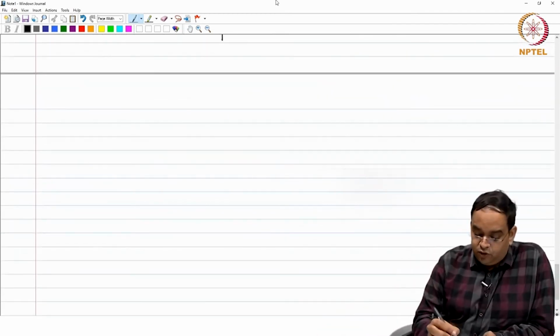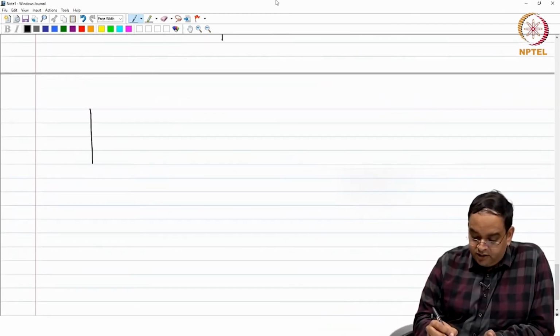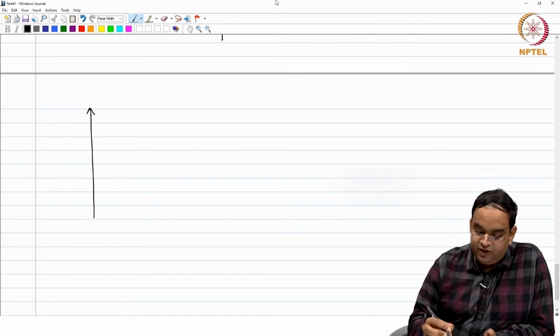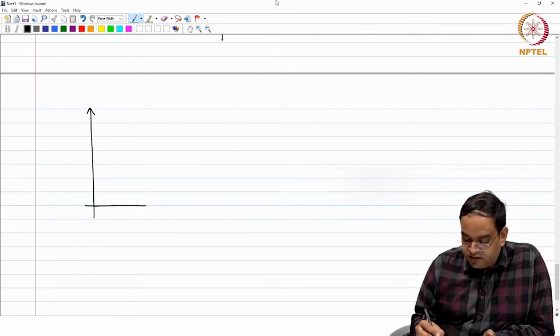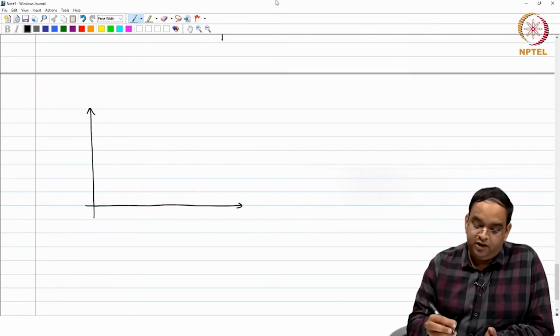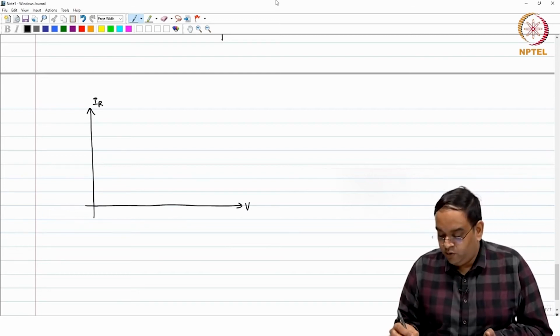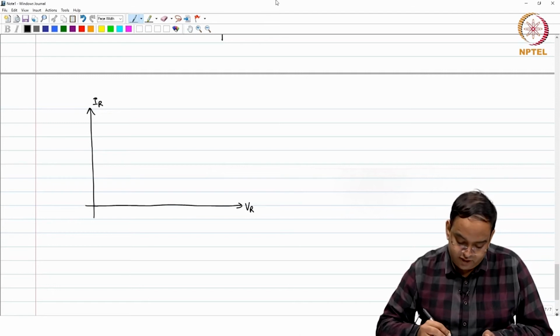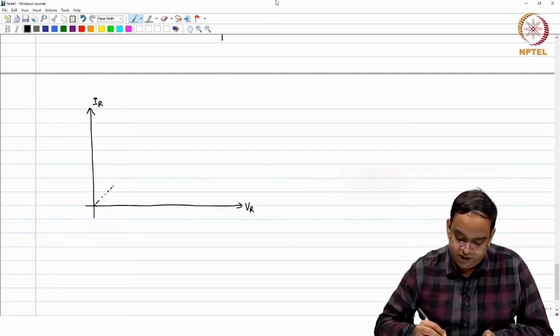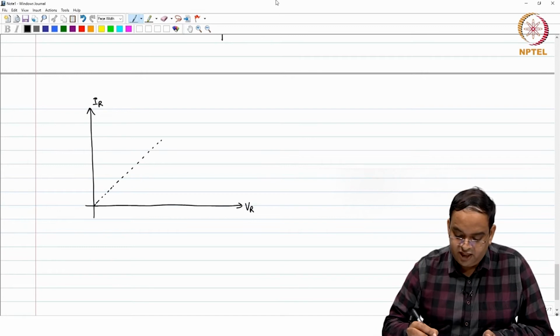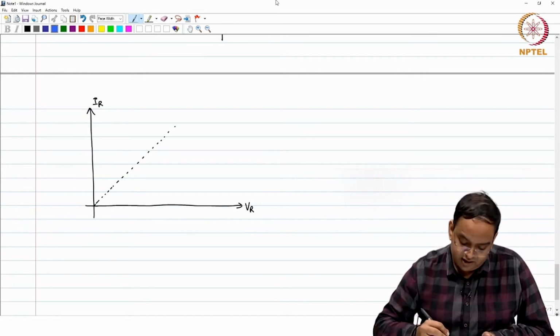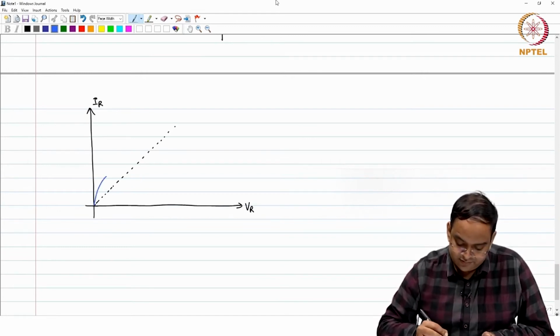So, if I go and plot IR versus VR, I have given the region of operation. You can actually find out this value. So, this is going to be depending on the control voltage. What we have, you will see a characteristic like this.